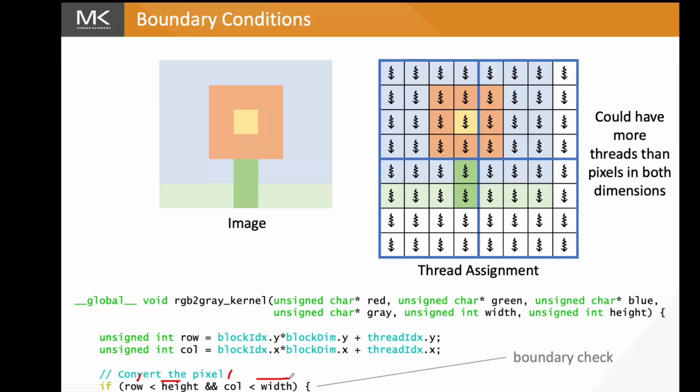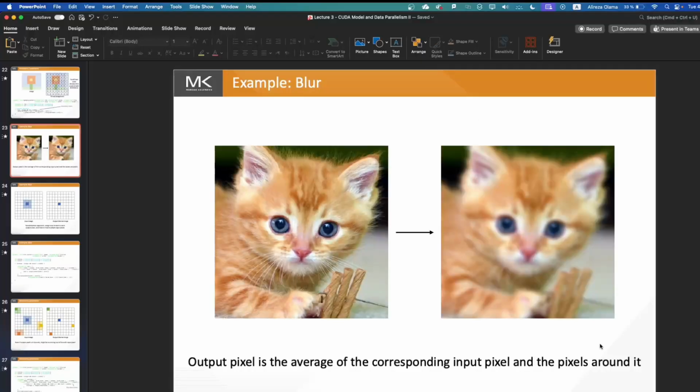This if condition is provided only to make sure that we are within the image and we are working with valid data. Okay, so this would be the RGB to gray kernel that we can write. Later in the lecture, I will show you the actual code, and I will execute the code and show you how it works in practice.